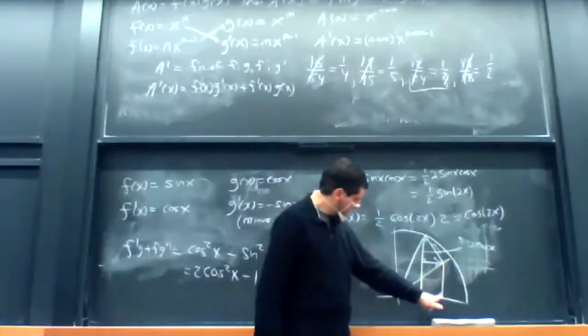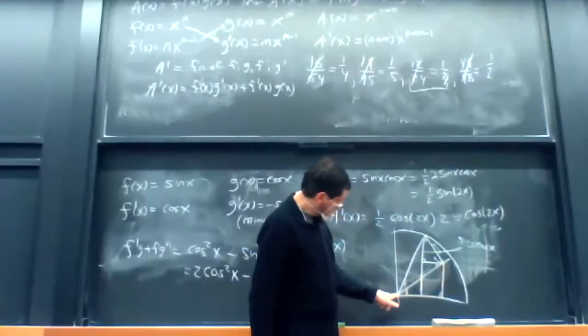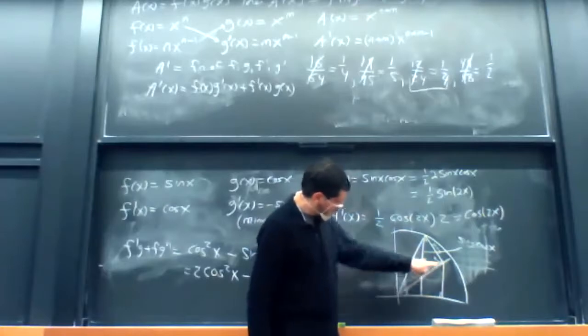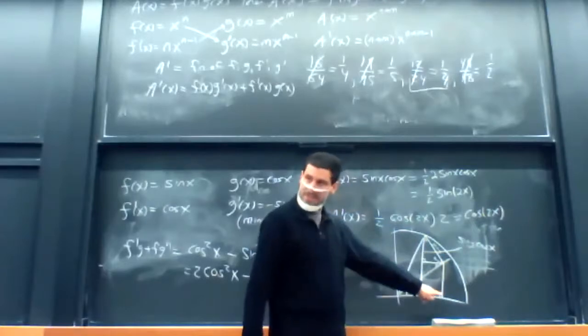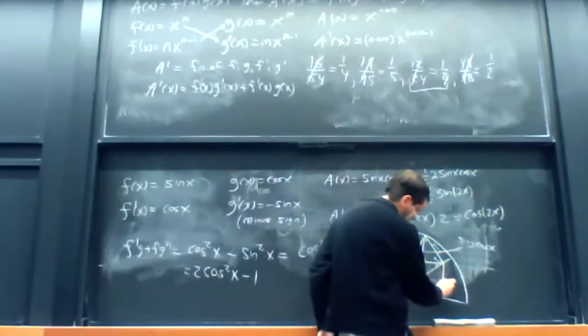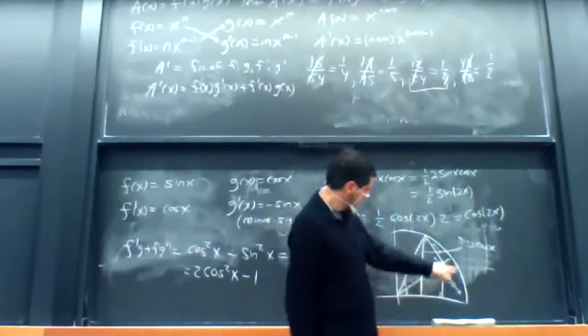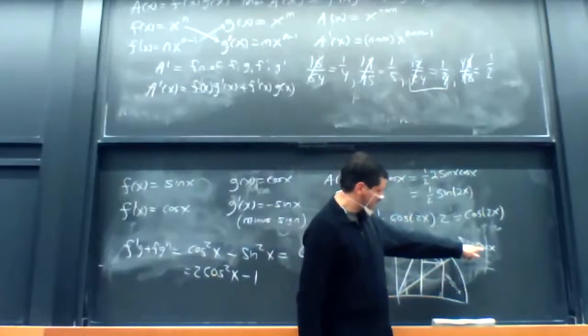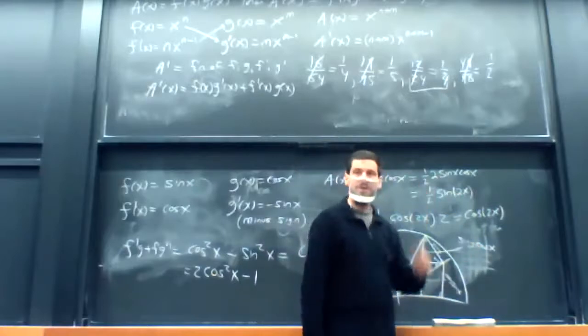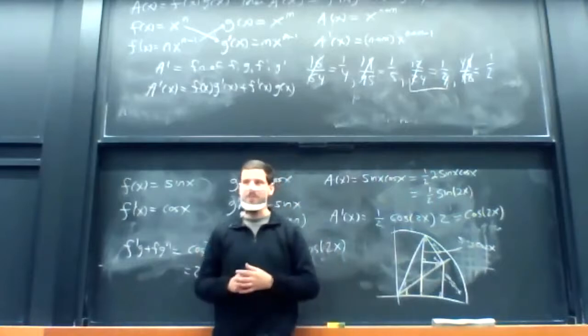The second piece, I want this length over here. Well, this line over here is 1. This length here is going to be cosine of y. I then take the sine to get that. So this piece here is going to be cosine y sine of x. My entire height is sine x cosine y plus cosine x sine y. That's the sine of x plus y.